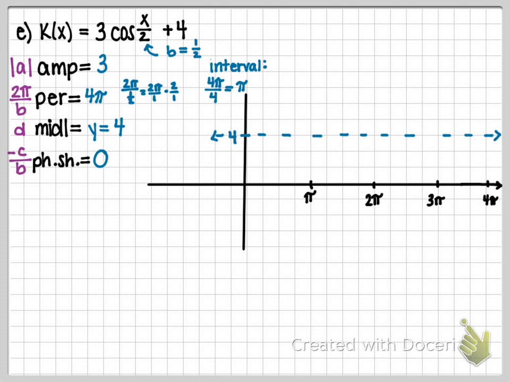And then since our amplitude is 3, my maximums will be up at 7. So 4, 5, 6, there's 7. And then, oh no, I did not graph that at 4, I graphed that at 3. Let's try that again.